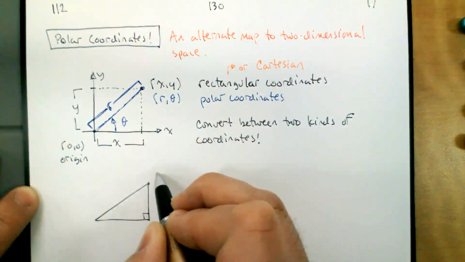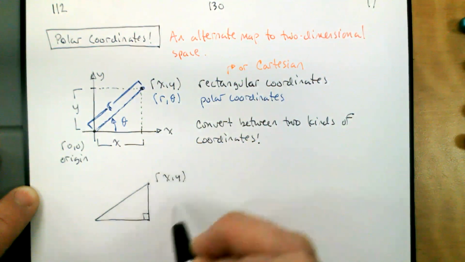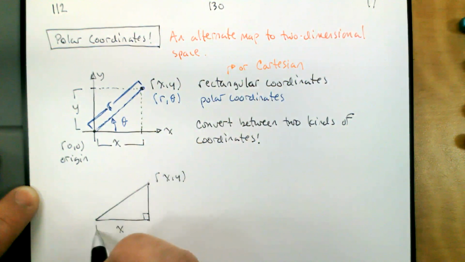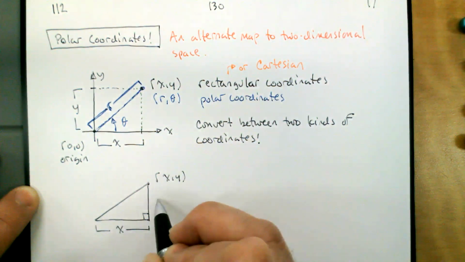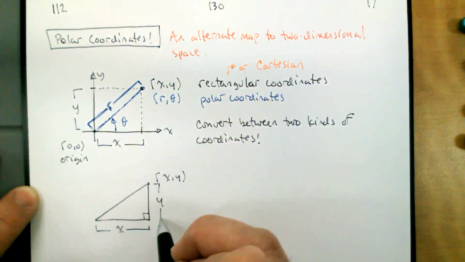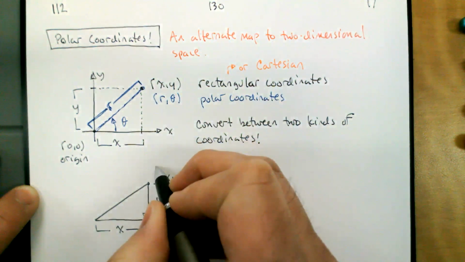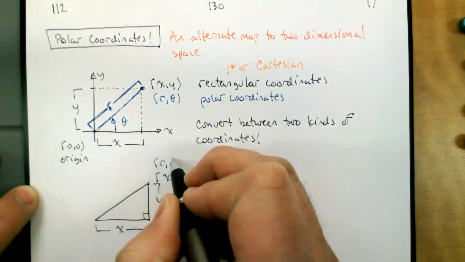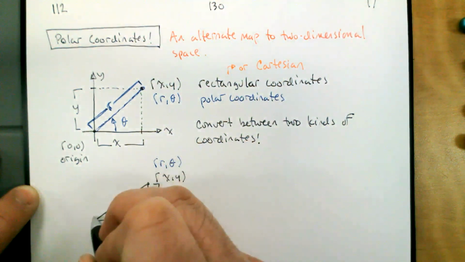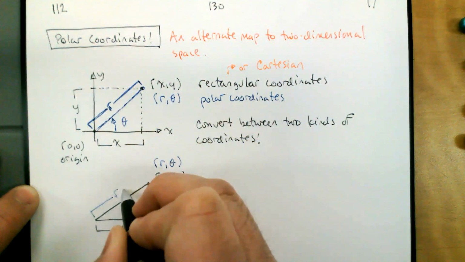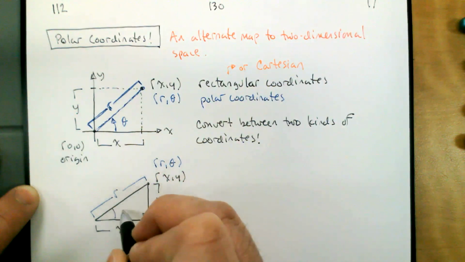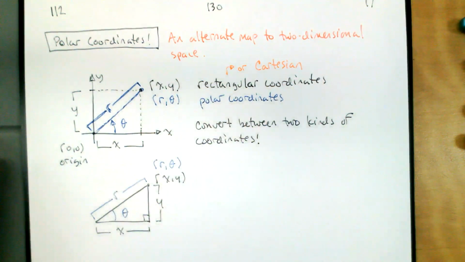Because if this point is at x and y, that means x is this distance down here, and y is this vertical distance. If the coordinates here are r and theta, then r is going to go on the hypotenuse, and theta will be this acute angle. I'm drawing it as an acute angle here.